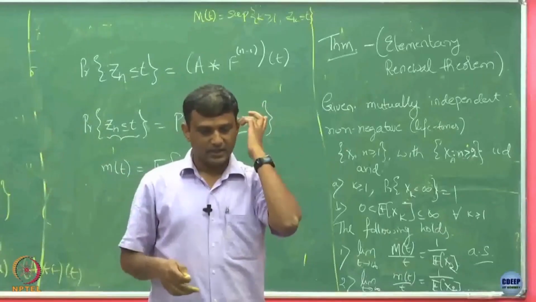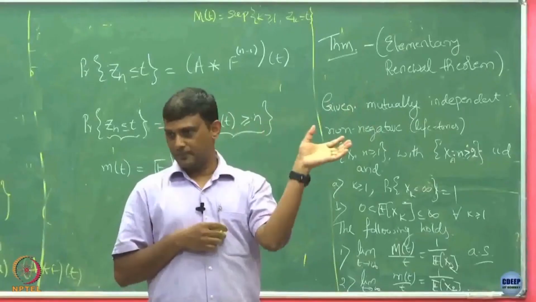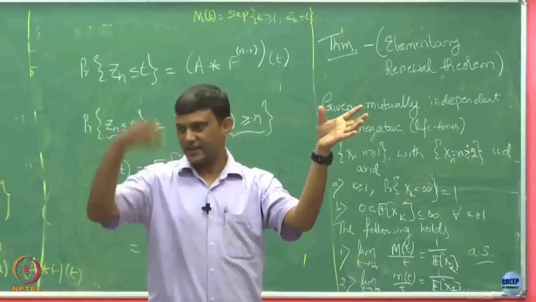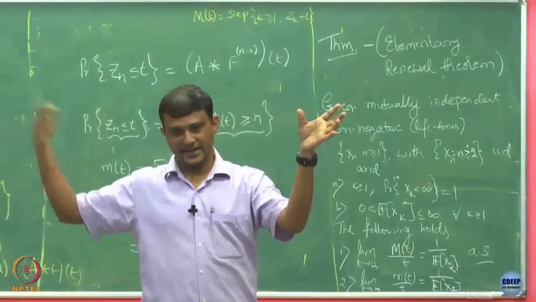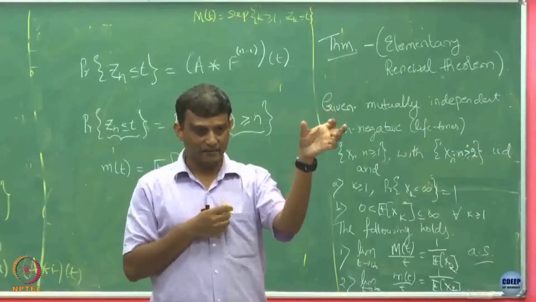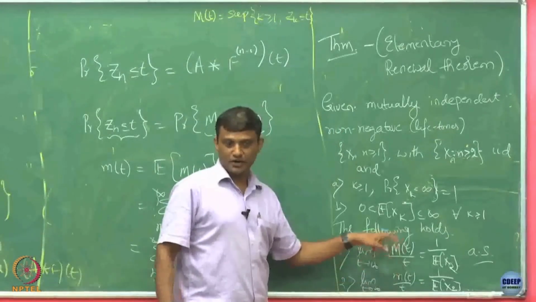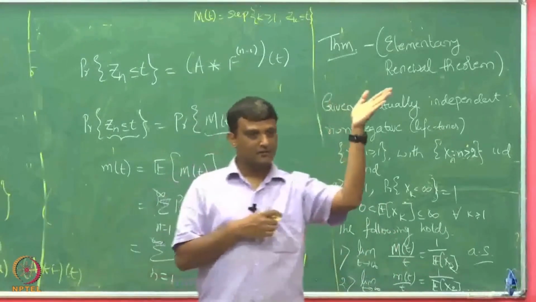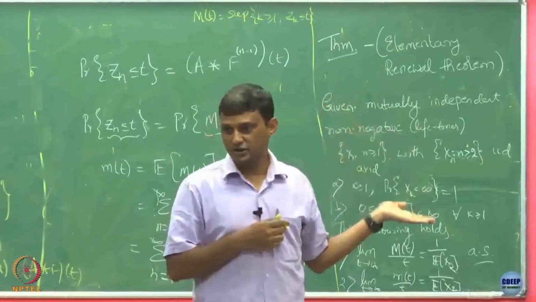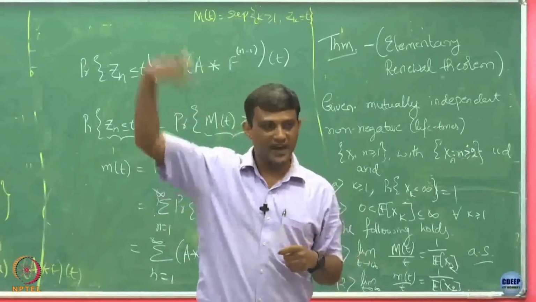From the initial state to j, I have done that in the first cycle within some finite time, and after that I am coming back to j again and again. So the first cycle takes some finite time, but here I am letting t go to infinity. The contribution from initially going to j for the first time is going to vanish, it will not contribute. But what contributes is the sum of the other terms.